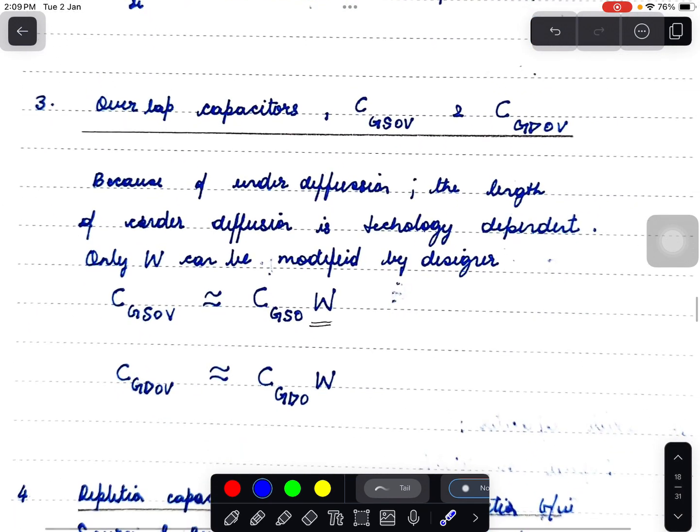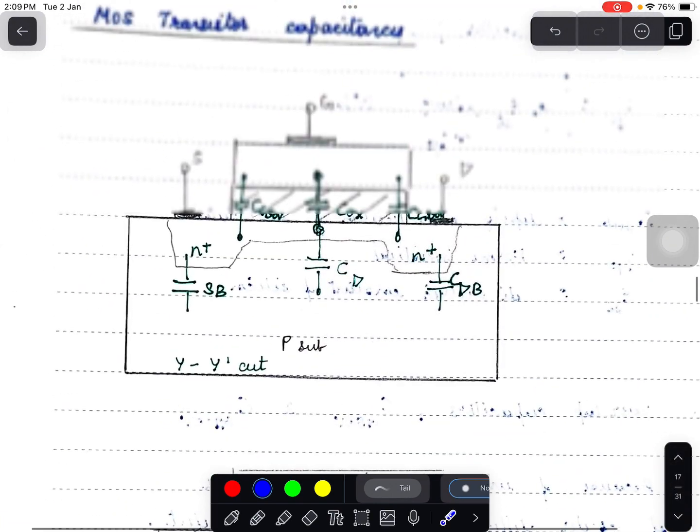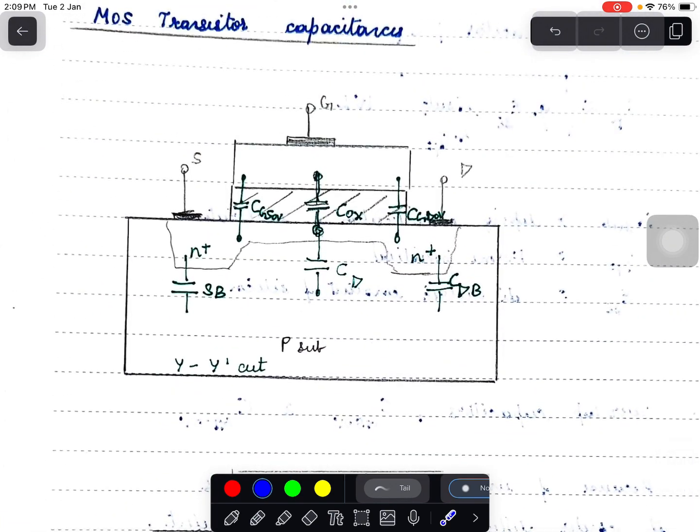Overlap capacitors, the gate to source overlap and gate to drain overlap. Because of the under diffusion we see this capacitance, and the length, this distance, that is the overlap, cannot be decided by the designer. It is due to the under diffusion. However, the width of the capacitance plate can be decided.